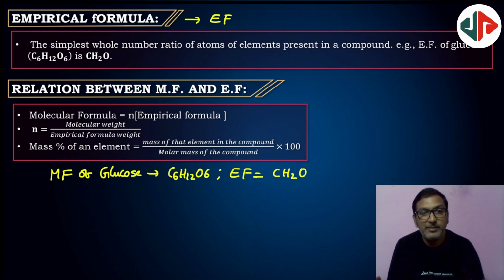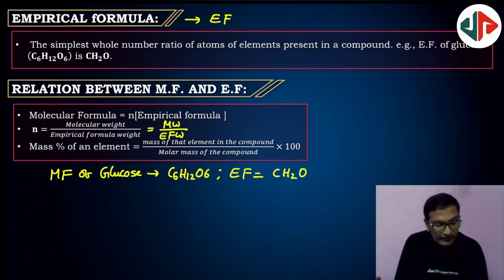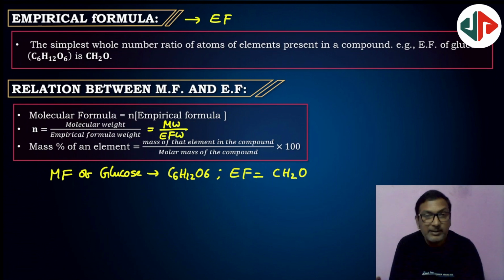Here n can be calculated as molecular weight divided by empirical formula weight. After getting n, by multiplying n with the empirical formula, we get the molecular formula.